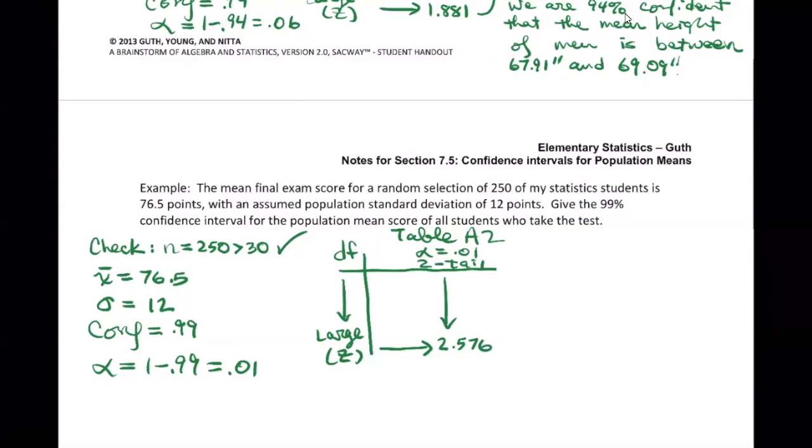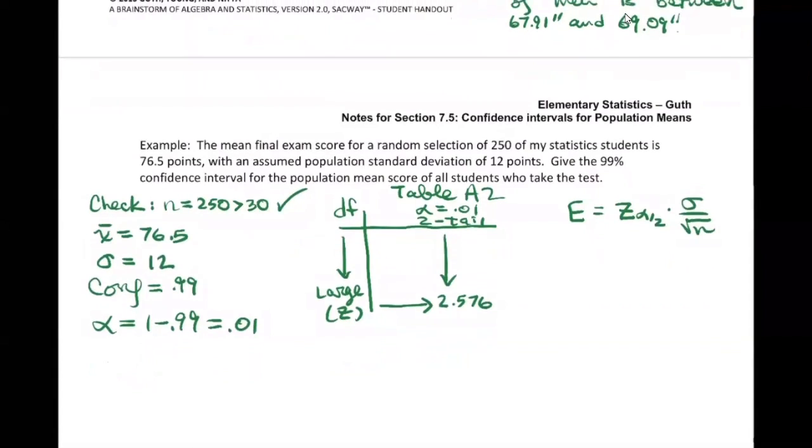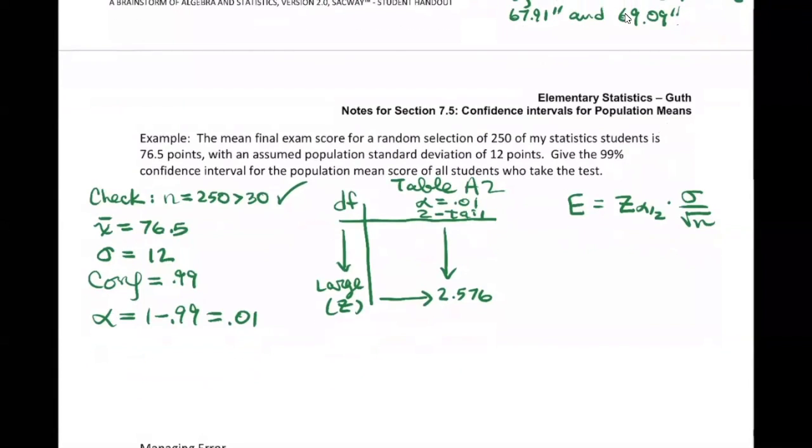So your margin of error is Z alpha over 2 times sigma over the square root of n. Again, we're sort of pretending here that you could know the population standard deviation. Later, we'll use the sample standard deviation, but it causes problems. So we're doing the easy part first. 2.576. Sigma is 12.